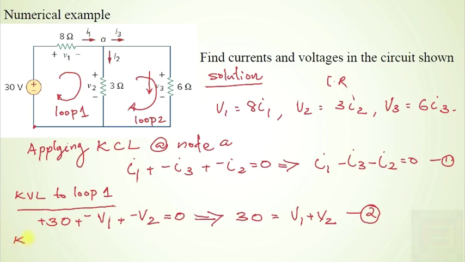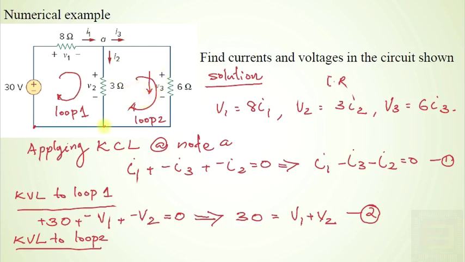Similarly, now if you apply Kirchhoff's voltage law to loop 2. So this is the complete loop. If you start from this point up to the node A, then here, then up to here, that means you will be traversing a complete closed loop.